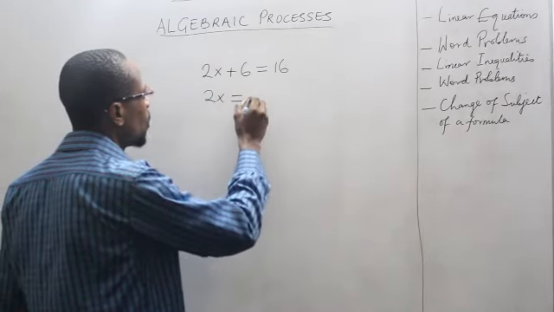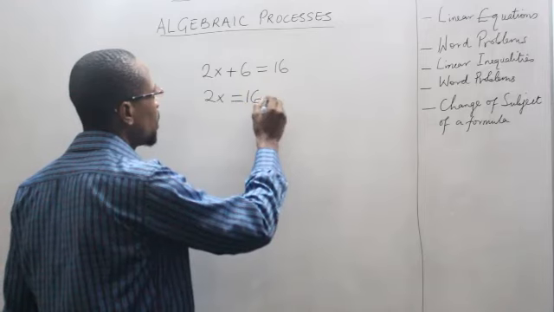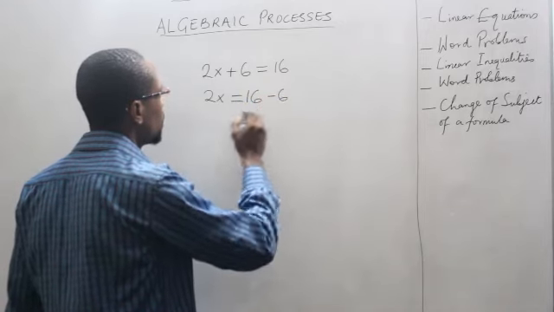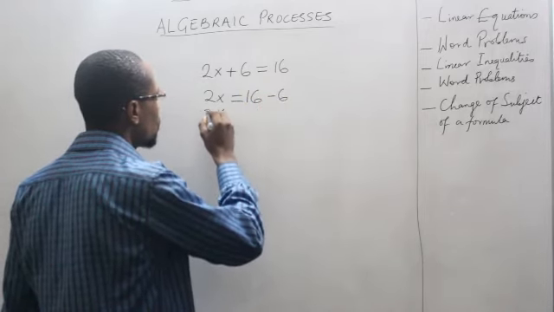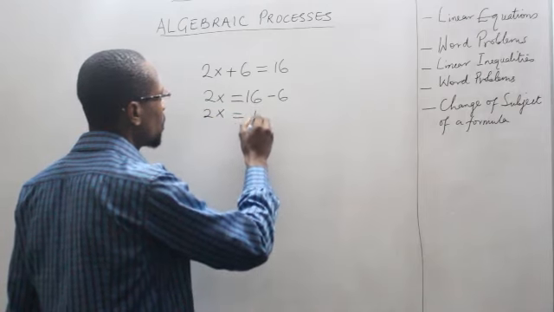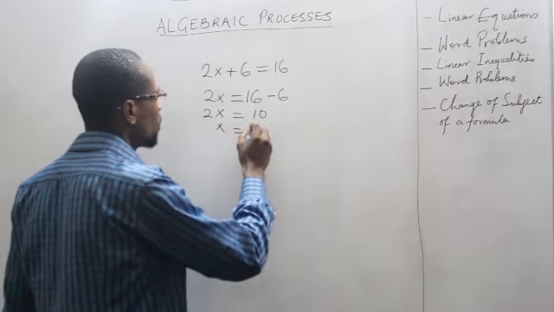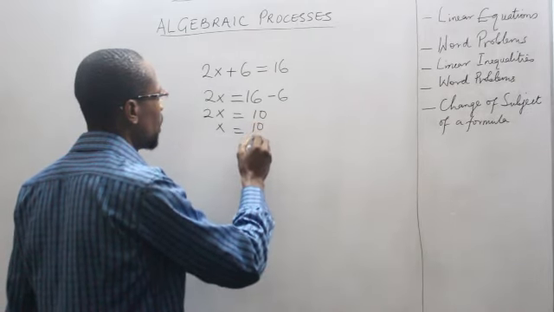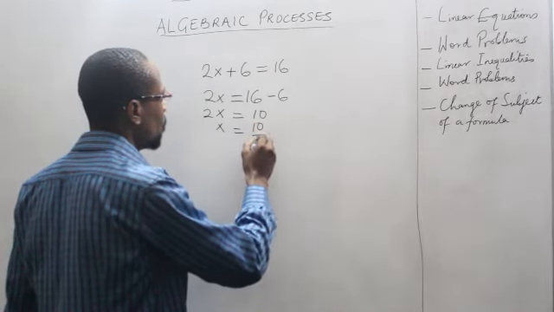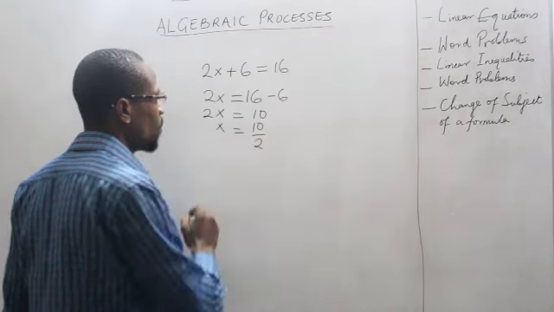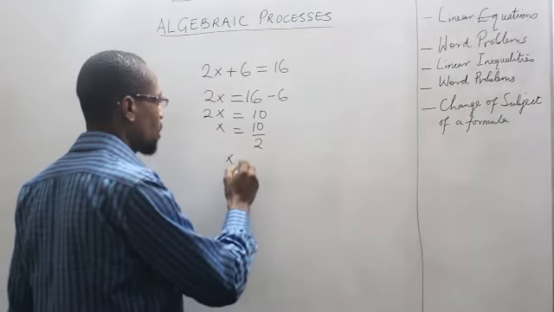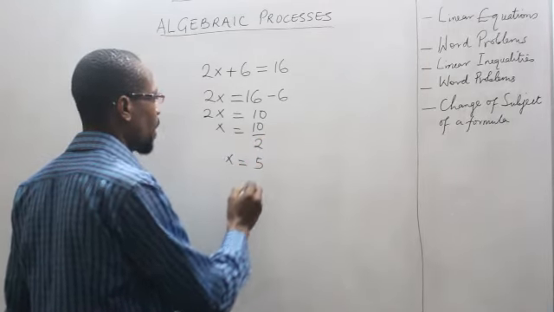And of course, 2x equals 16 minus 6, 2x equals 10, x equals 10 over 2, x equals 5.